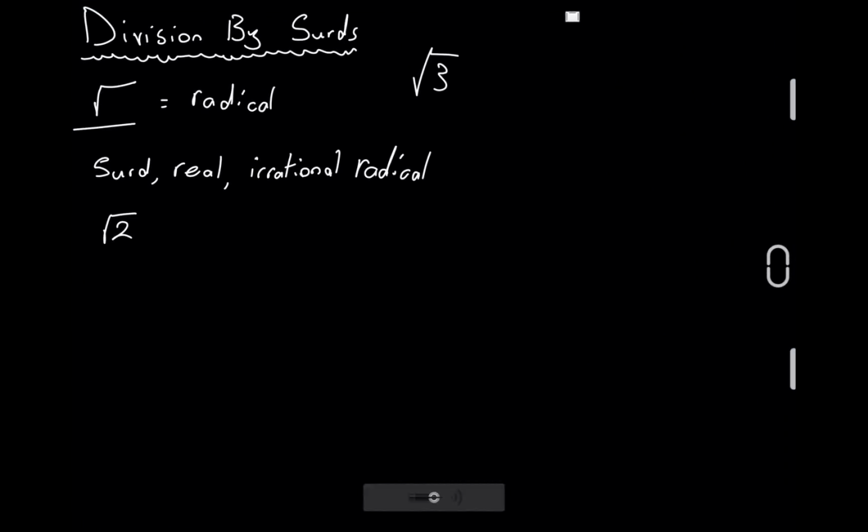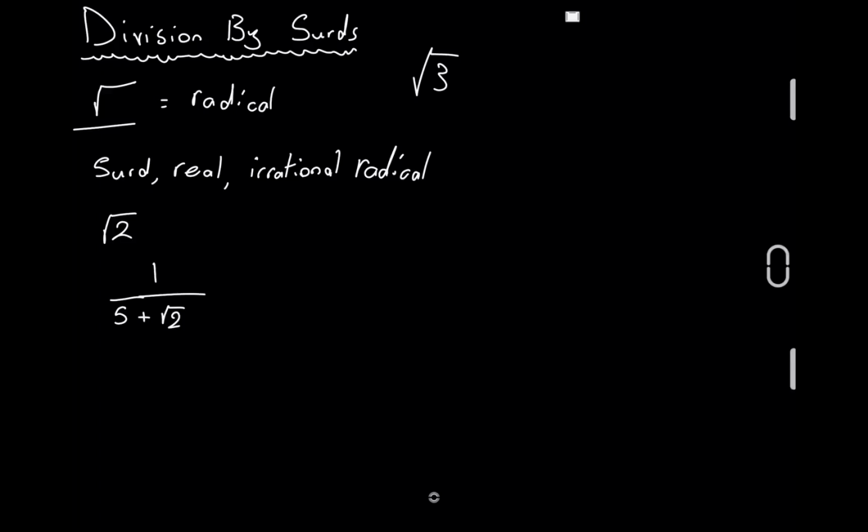Alright, so let's have a look at an example of what we're going to be doing. What we might have here is 1 divided by 5 plus the square root of 2.